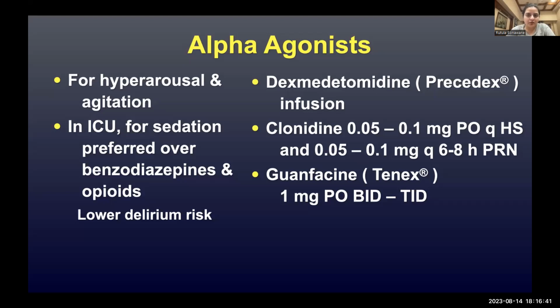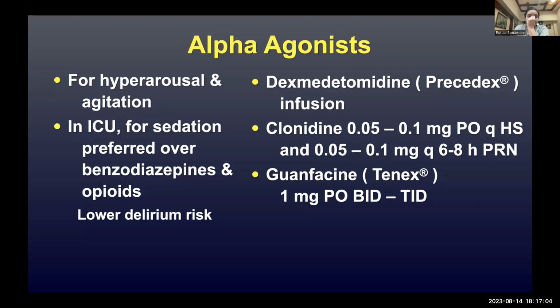So alpha agonists are actually excellent for managing agitation and hyperarousal. These are generally used in the ICU for sedative purposes, and they are sometimes even preferred over benzos and opioids. Dexmed is the most commonly used.